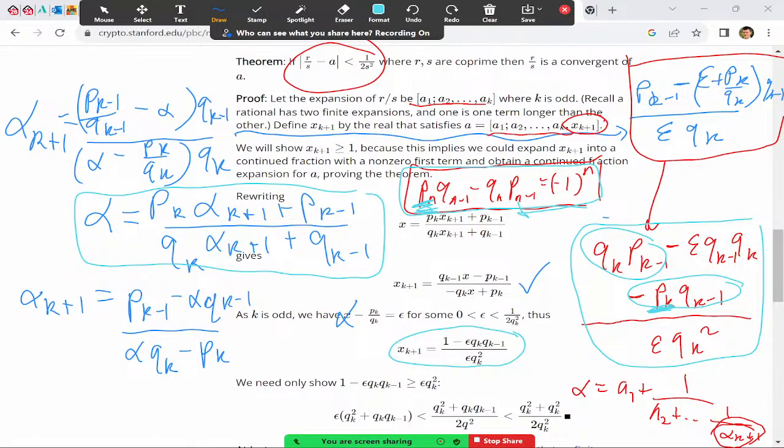Minus qk, pk, pk minus 1. What? Hold on. Yeah, I guess we might have to do this again for Liam's benefit, but am I tripping? Let's see if you can remember what happened. What is going on here?